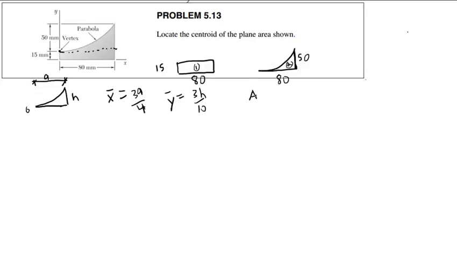And it also says that the area is AH over 3. This is A, this is H, like so.